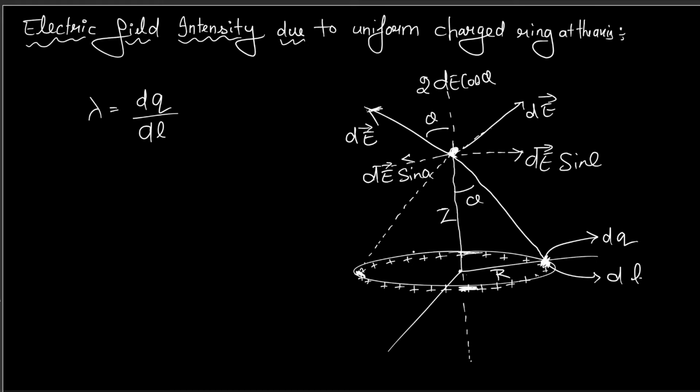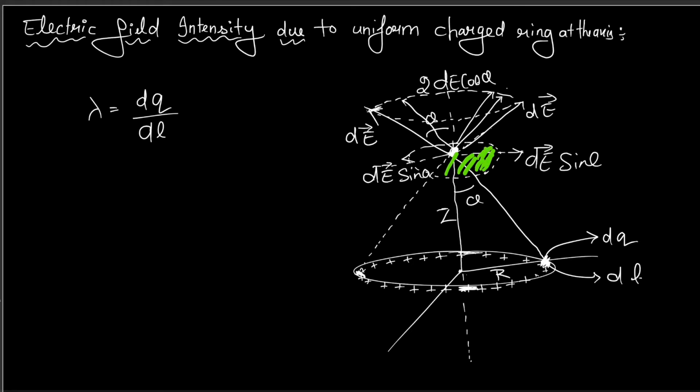over the dq element, can you imagine, you will probably get some kind of cone. You will get dE here also, dE here also. Then all these dE sin theta will make some kind of circle. Let me try this.